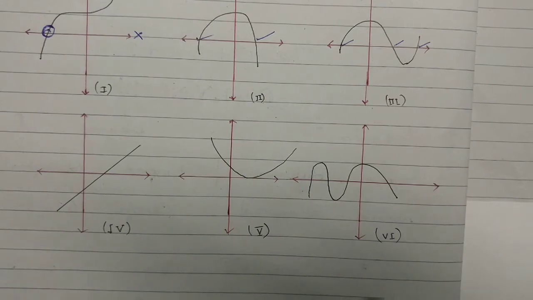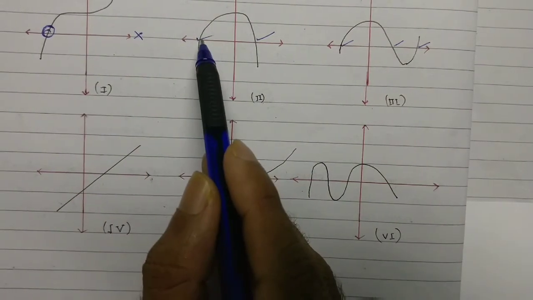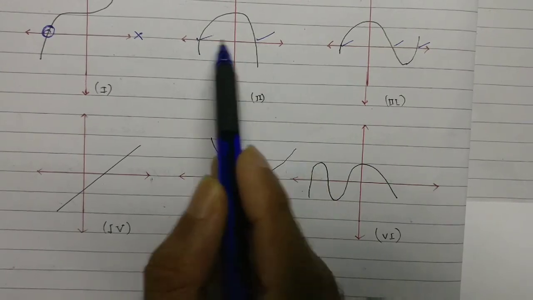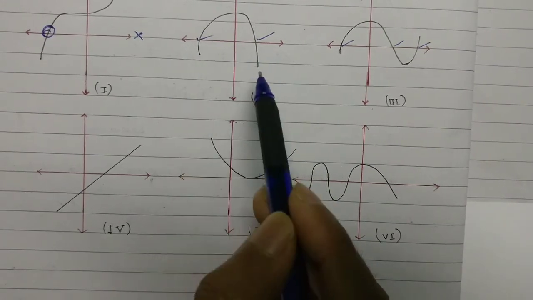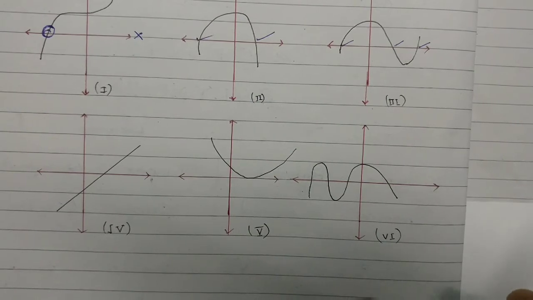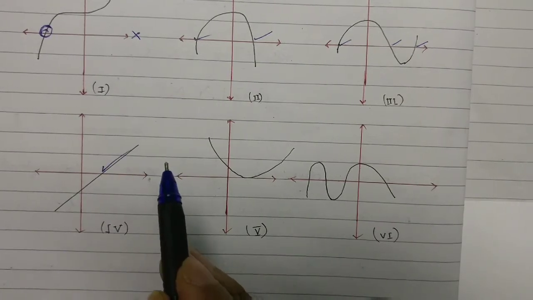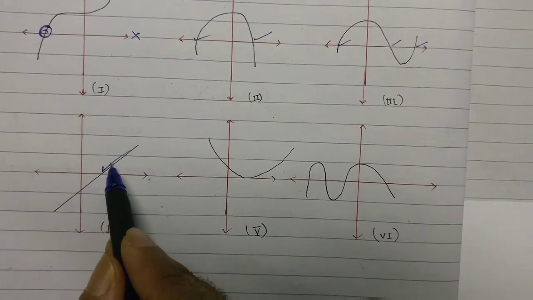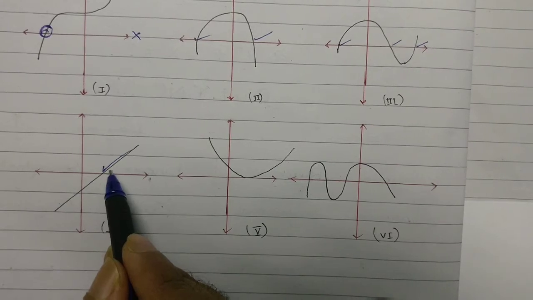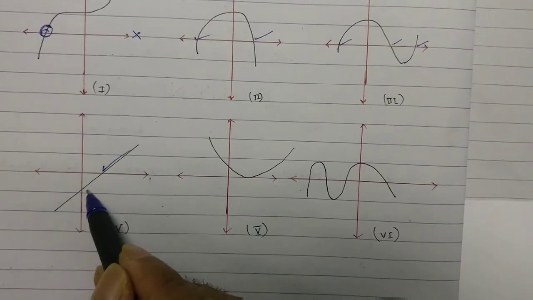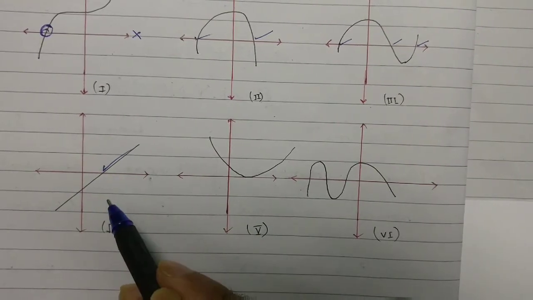How do I know degree? These are also called the zeros of the polynomial. Wherever it cuts the x-axis, the number of times it cuts is the number of zeros of the polynomial. So in this case, it cuts the x-axis only once, so there is only 1 zero of the polynomial, and it will be called a linear polynomial because the degree is 1.